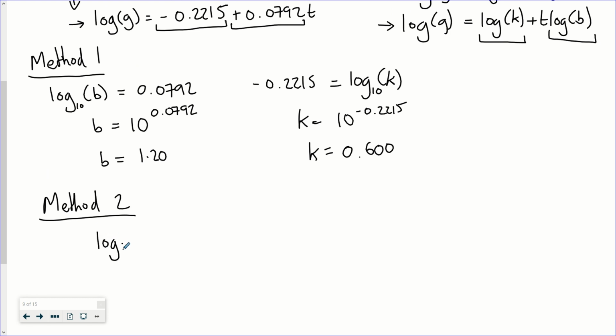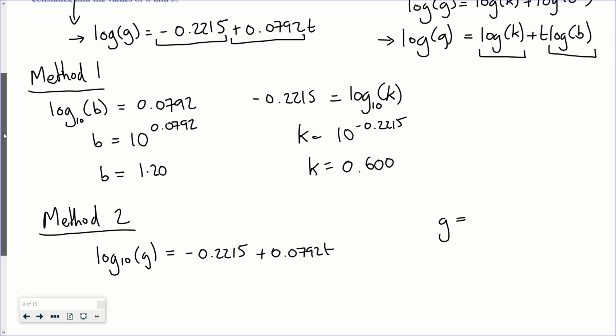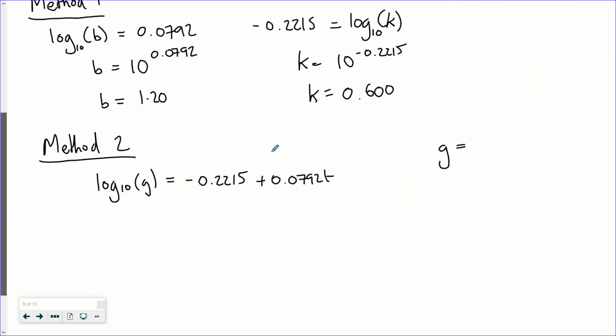So let's rewrite it out, and then we'll try and do that. And remember, we want it in the form g equals k b to the t. That's what we're aiming for.